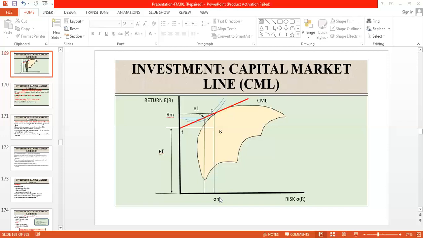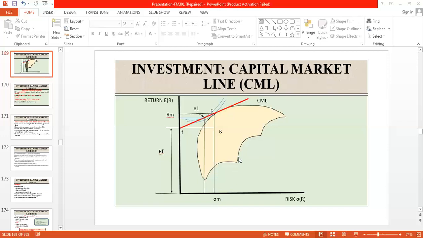If he moves to a point between E and F, then the money required will be less than whatever money he has invested earlier. So automatically there will be some extra money in his hand, which we are assuming the person will invest in the risk-free bond.